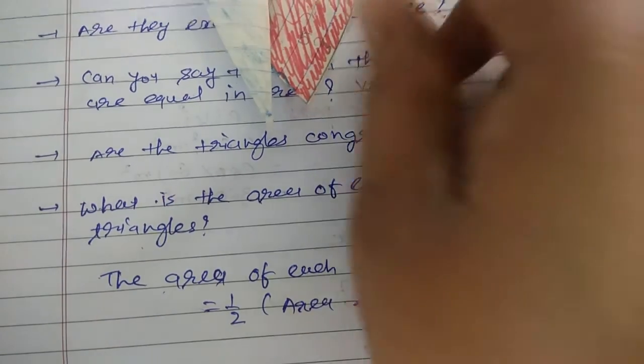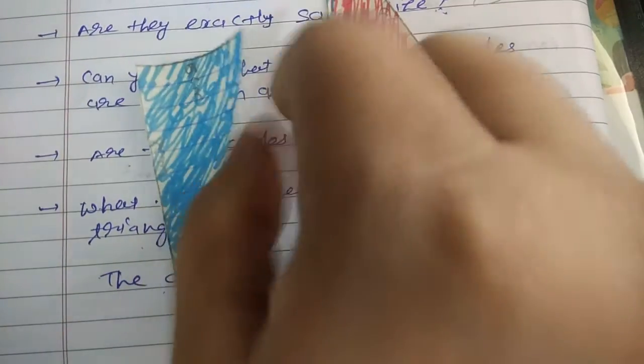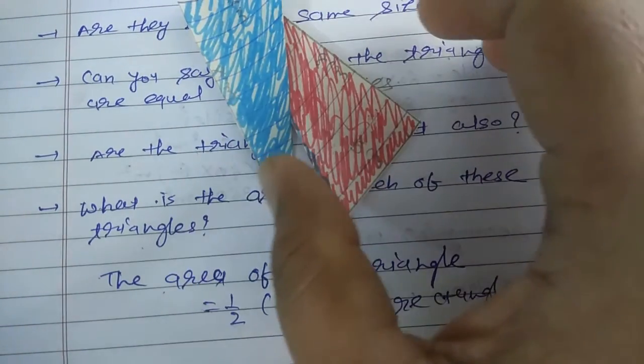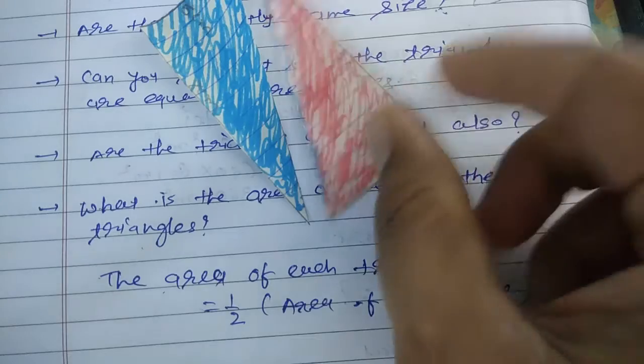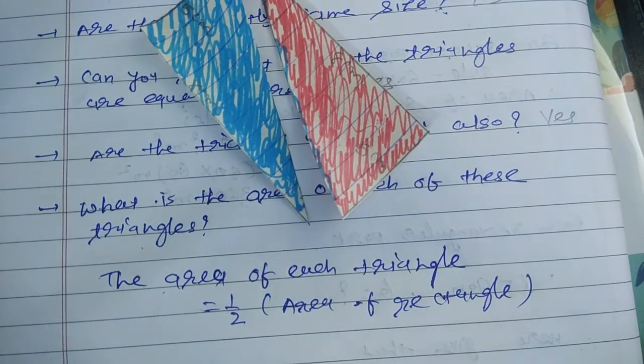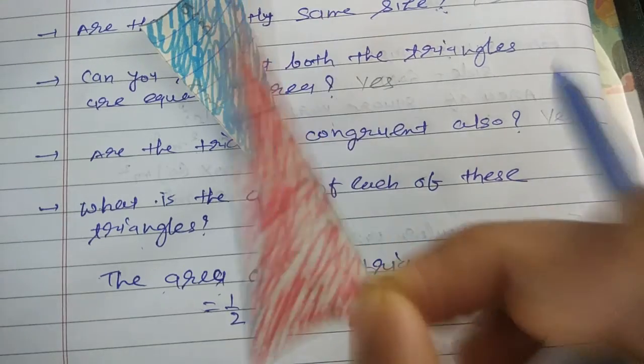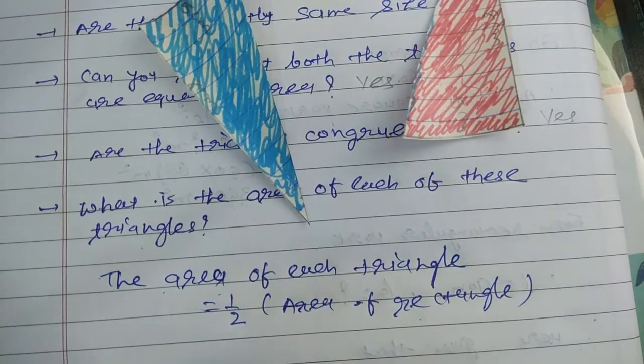Of course, because when we add the area of these two triangles, it makes the area of a rectangle. So for one triangle it is 1/2 the area of a rectangle. So the area of this one triangle is nothing but half the area of a rectangle.